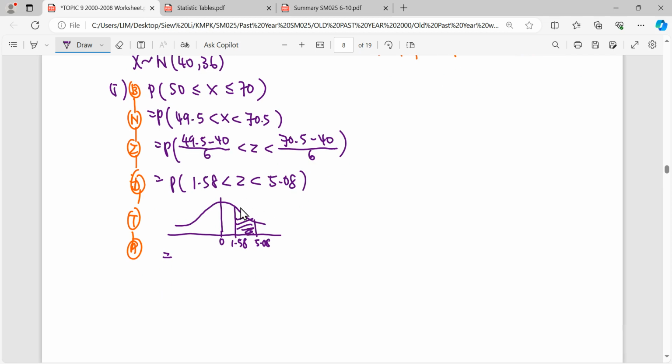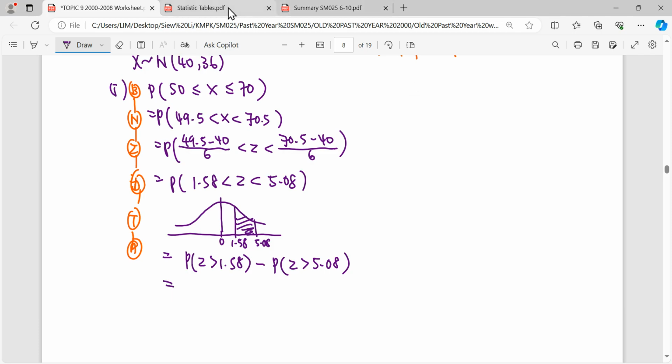So you will take the right tail for 1.58 minus the tail of 5.08 in order to get this part. You will take the bigger tail here, minus this empty tail here. So take the tail of 1.58, minus the tail of 5.08, and you get the middle part.